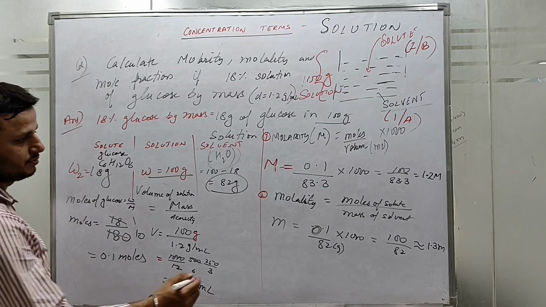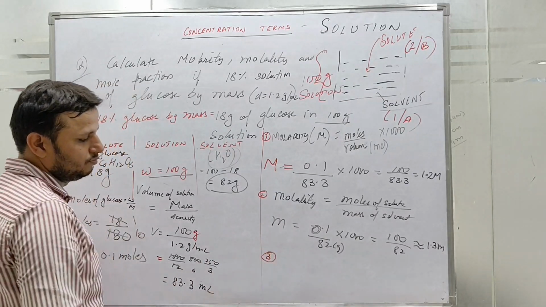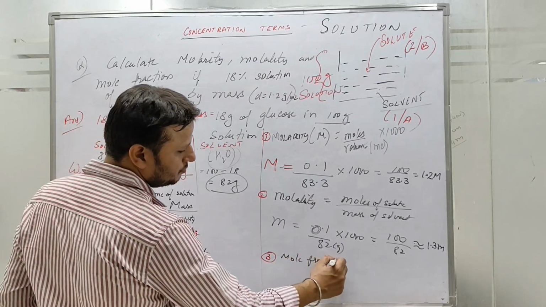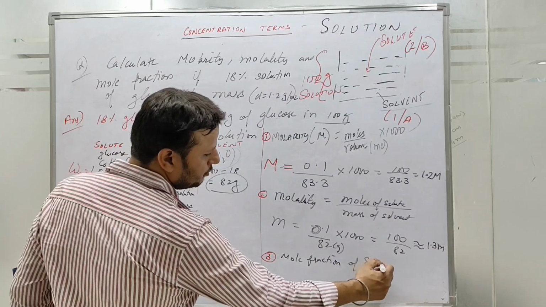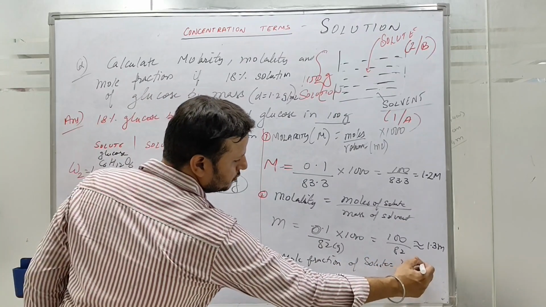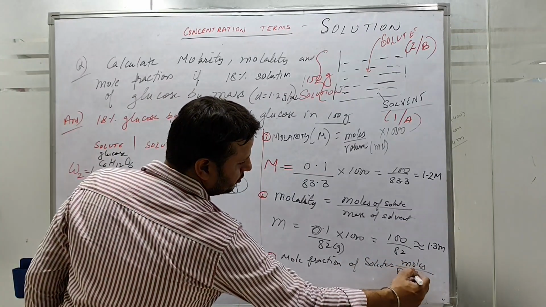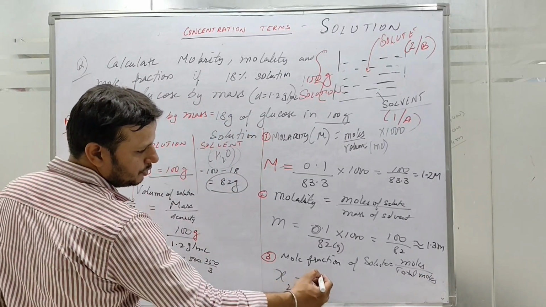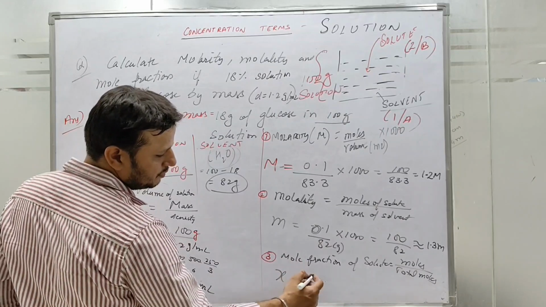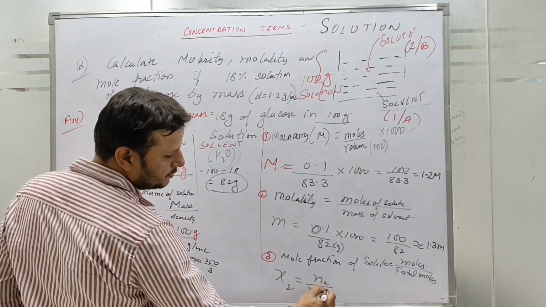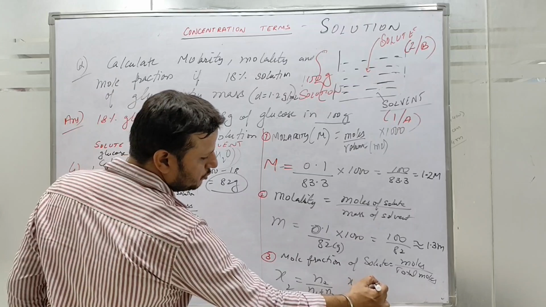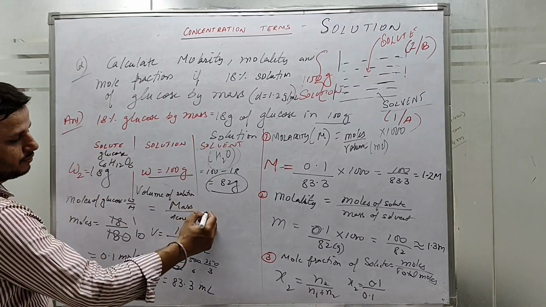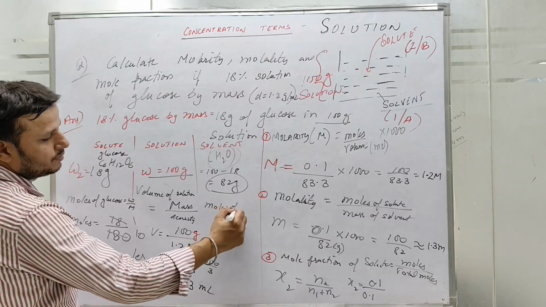And the third term is mole fraction. So mole fraction of solute is equal to moles of solute by total moles. The moles of solute we have is N2, divided by N1 plus N2. So N2 is 0.1 by 0.1 plus moles of solvent.